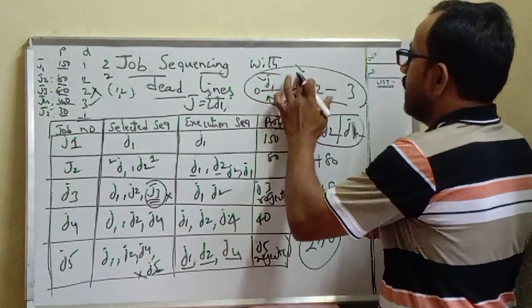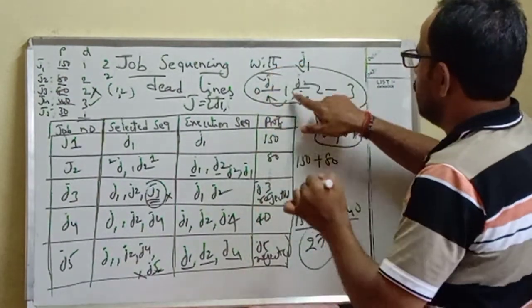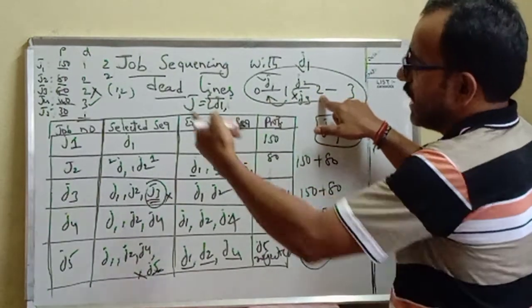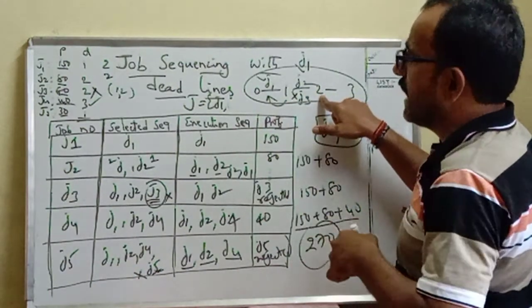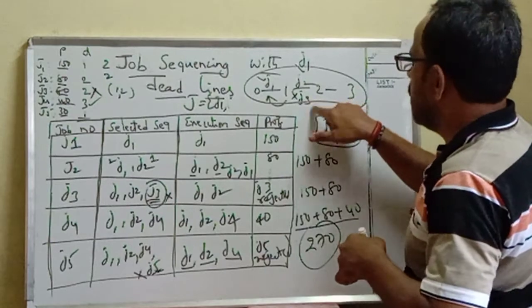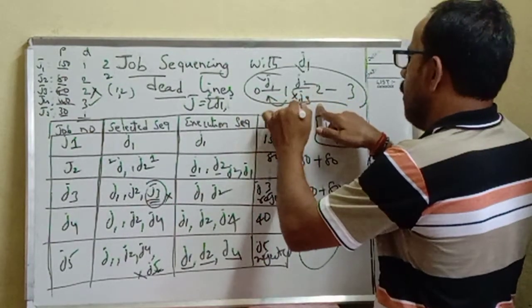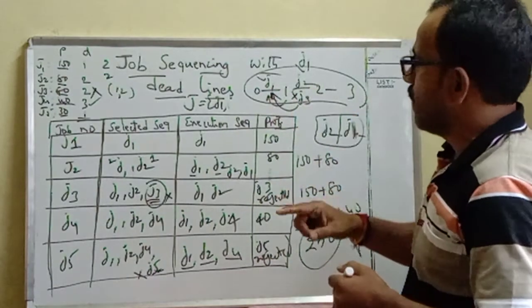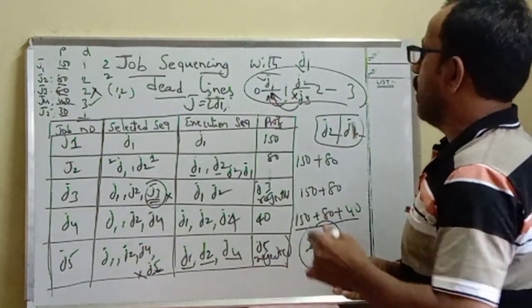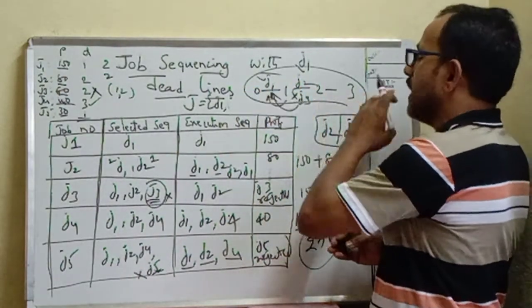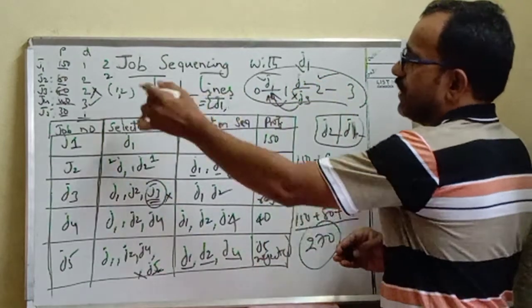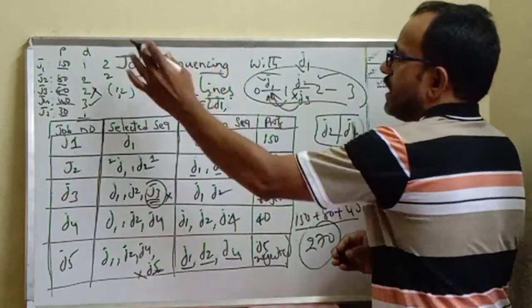Then initially we execute J1 in the 1 to 2 slot. What about J2? J2 also has deadline 2. First we verify whether any job is occupying this location. J1 is occupied, so we go back to the previous slot and verify whether it is free. Before crossing 2, I must execute J2, and before crossing 2, I must execute J1.